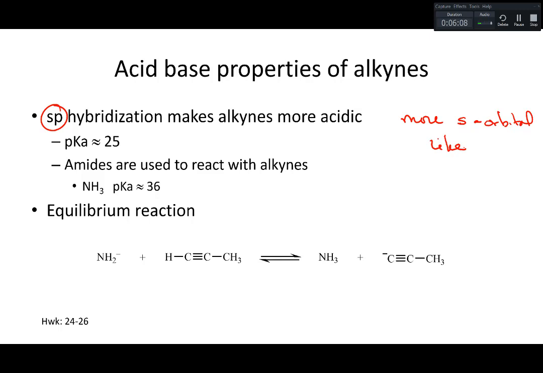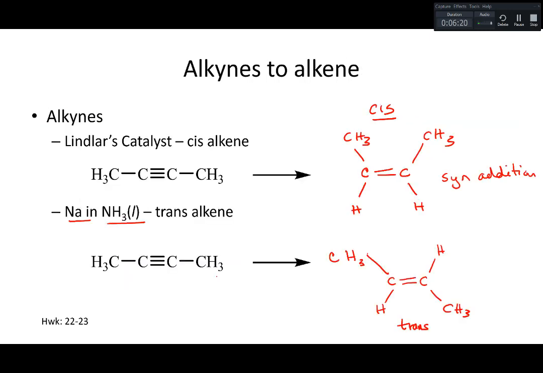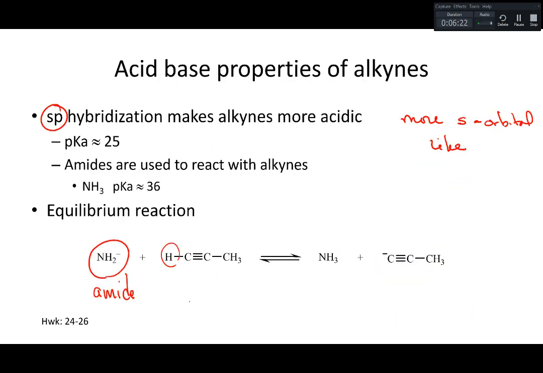So actually, it's possible to use a strong base like amide, NH2 minus, to pull this hydrogen off an alkyne. And oftentimes these alkynes are just known as acetylenes. And then you form what's called an acetylide ion, just like you have chlorine and chloride, same kind of terminology.